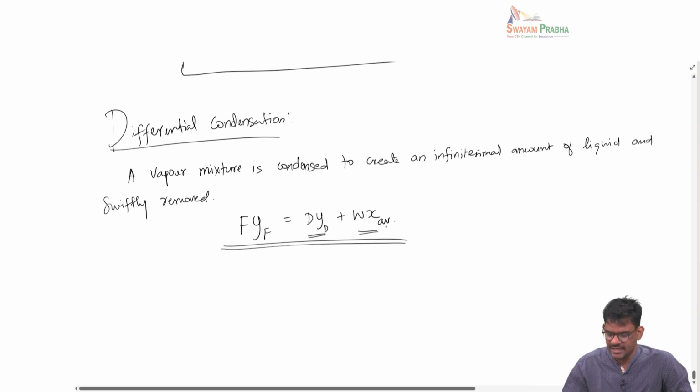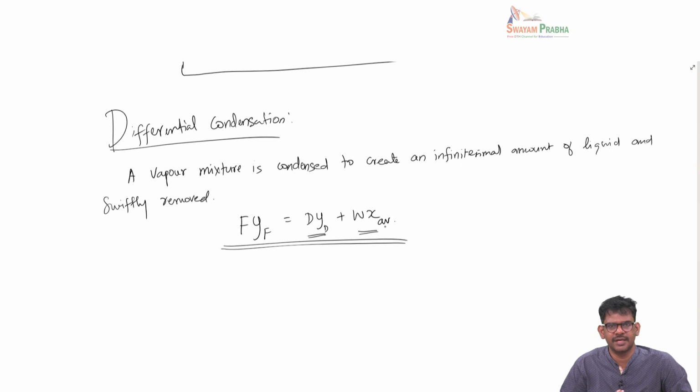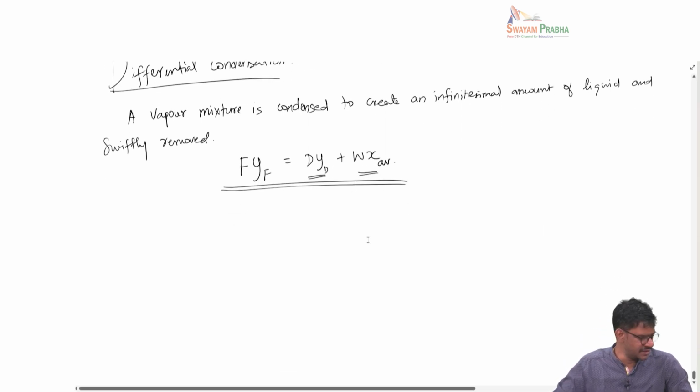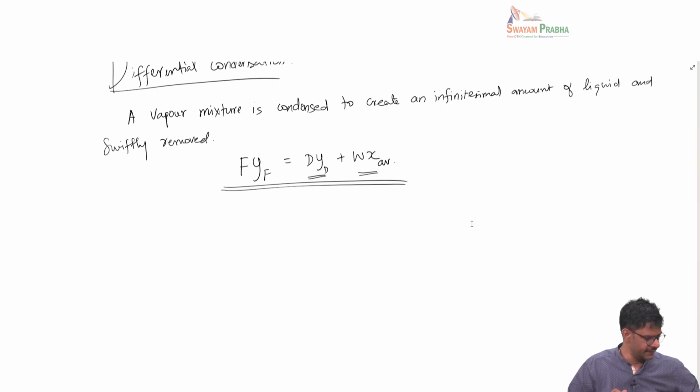The liquid will have an average composition because the liquid composition keeps changing at every cut that you get. So you can write the same kind of mass balance we did before. I will show you the equations and final result, and you can check this later on.